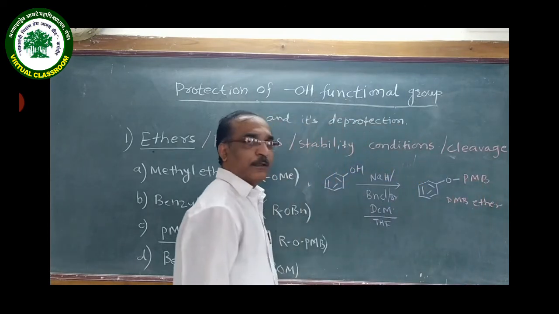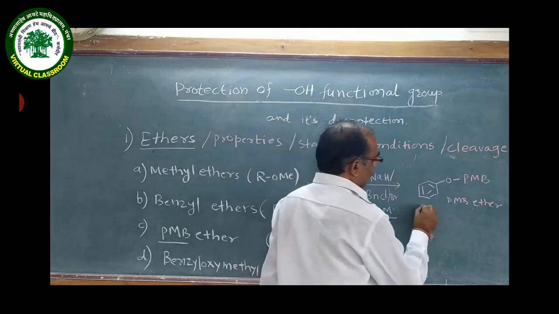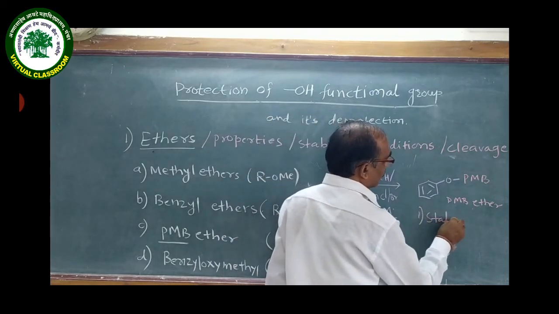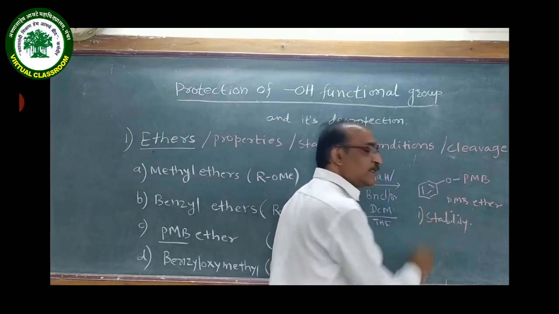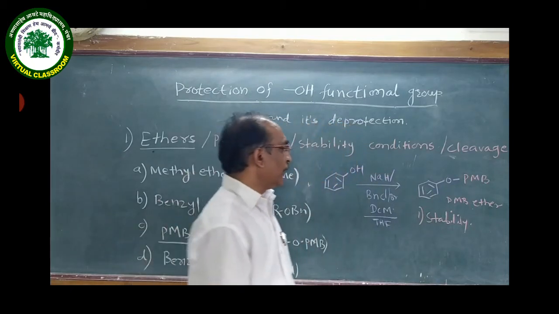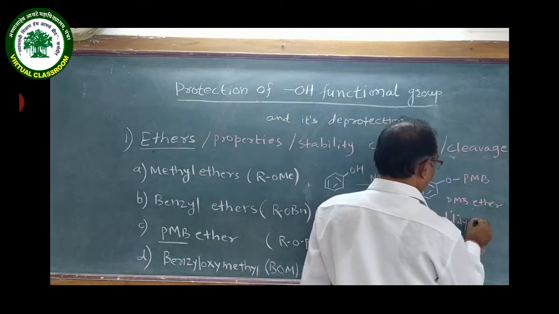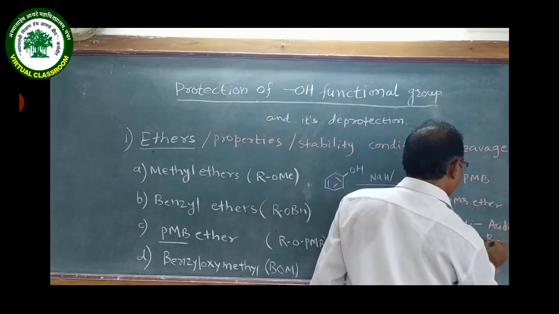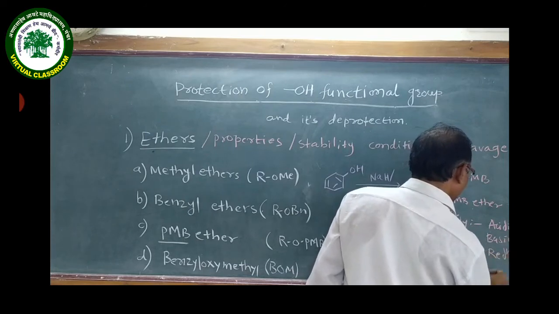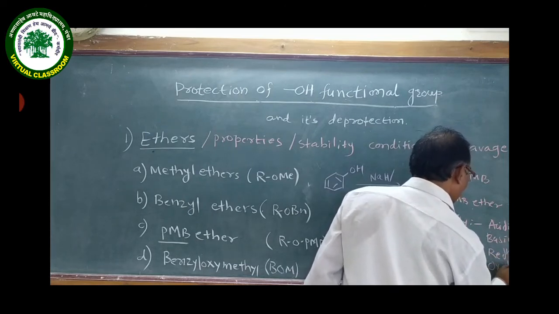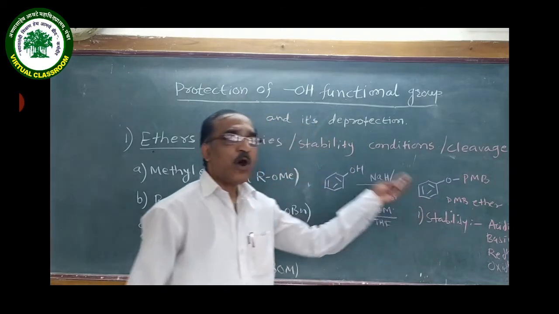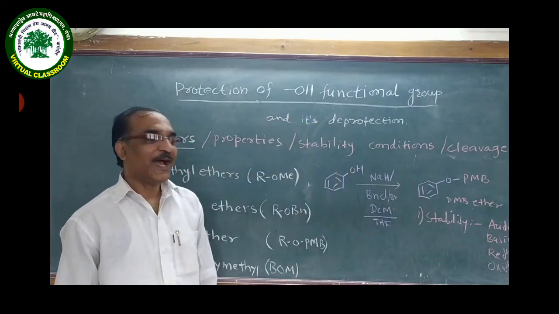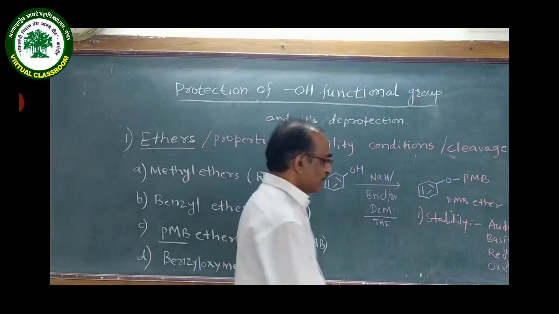Yes, this is it. Then we must understand the stability of this PMB ether. The stability is: acidic condition, basic condition, reduction condition, oxidation condition. This is stable in all. Then how can we deprotect this?